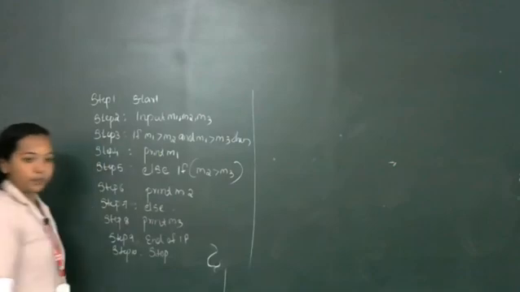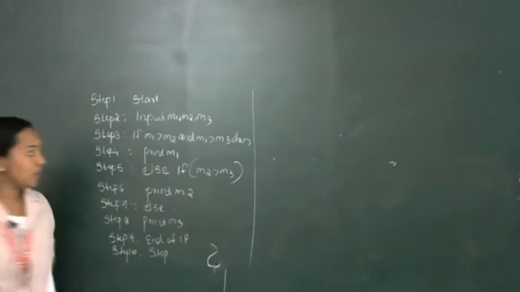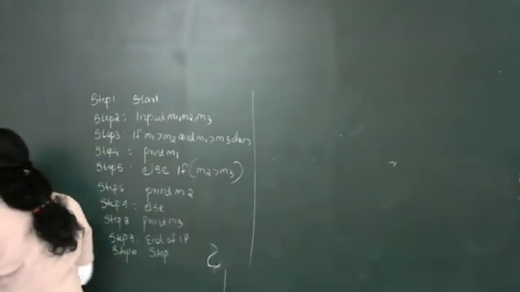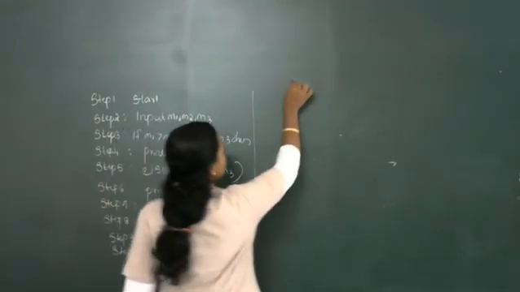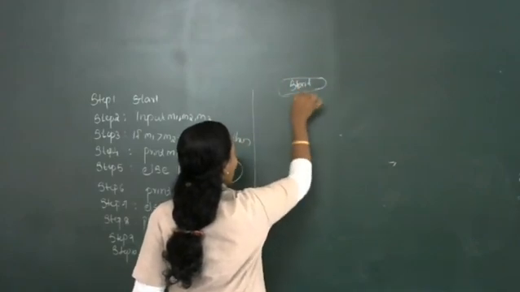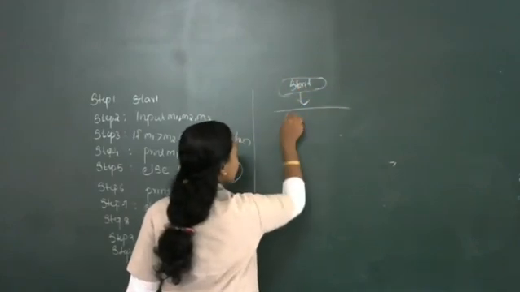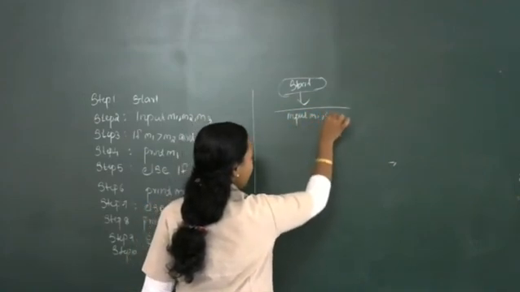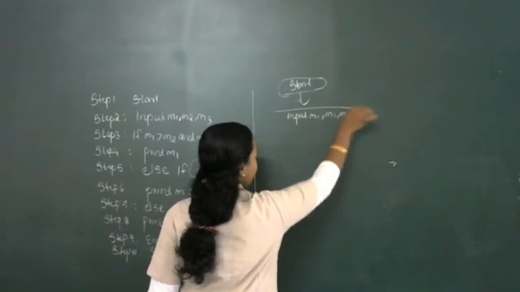Clear? So this is the algorithm. The same algorithm I am going to convert into a flowchart. Start, then input M1, M2, M3.